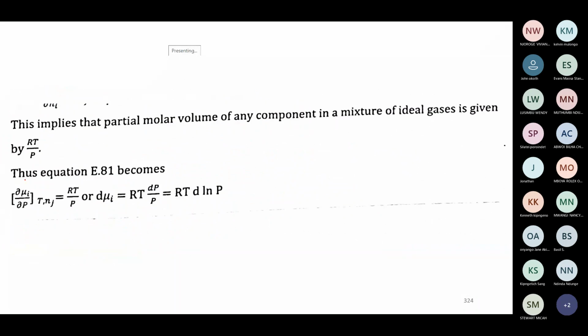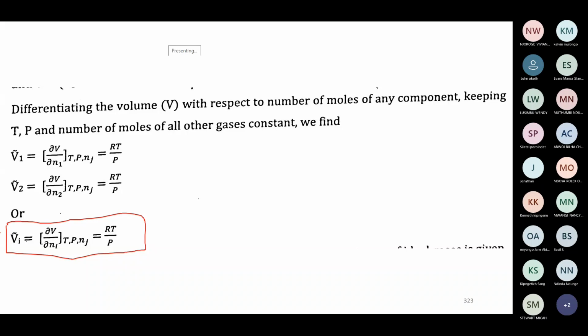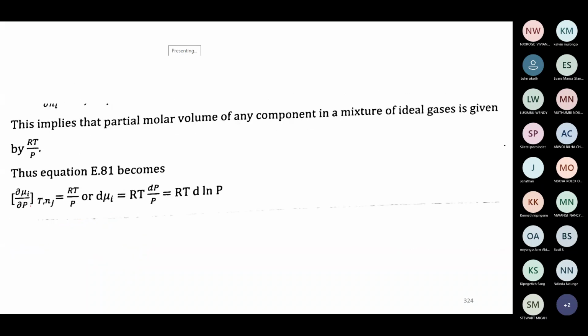So it becomes delta mu i over delta P at constant T and Nj equals RT over P. Because for equation E81, Vi was equated to delta mu i over delta P at constant T and Nj. So therefore we are equating this to be equal to RT over P.